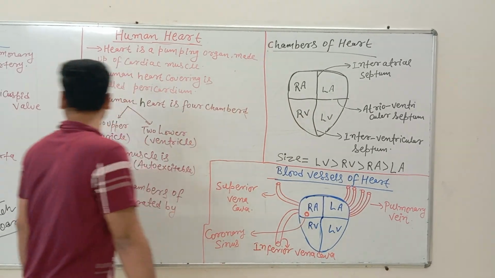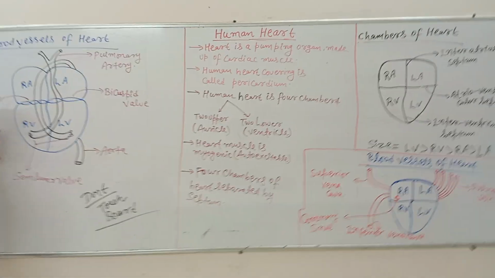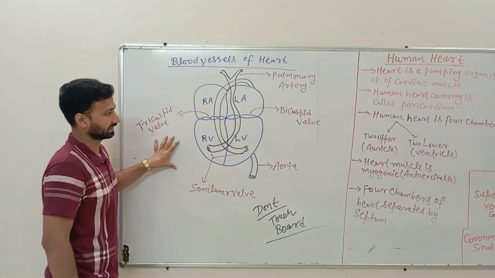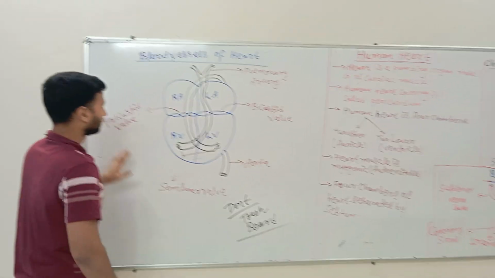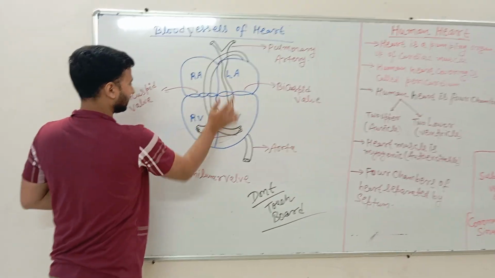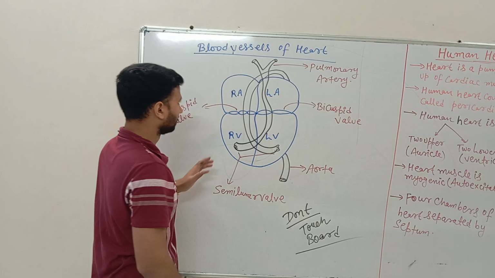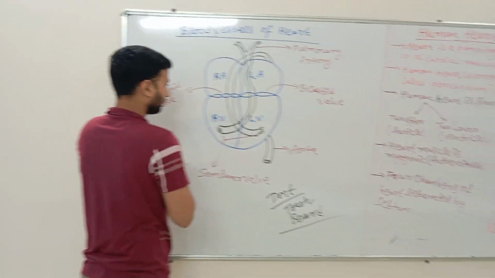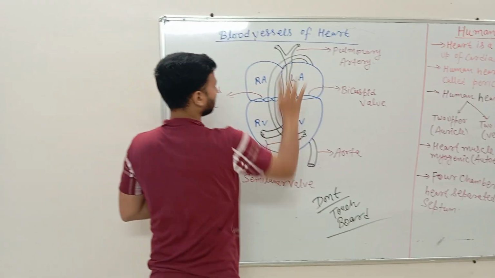Another ones are the vessels which carry blood away from the heart. There are 4 chambers, right and left atrium, right ventricle and left ventricle. There are 2 blood vessels which carry blood away from the heart. First one is pulmonary artery.